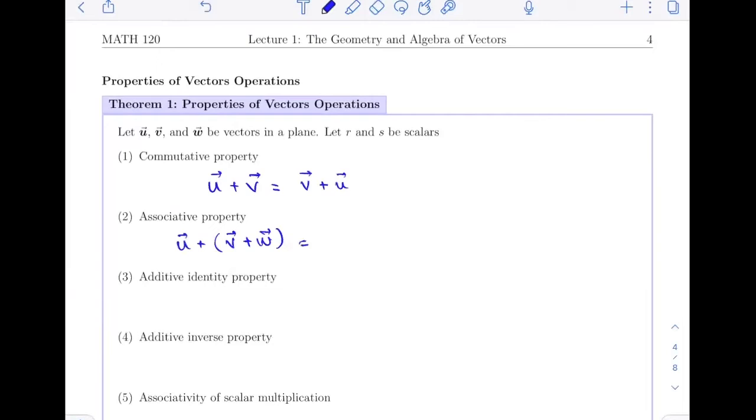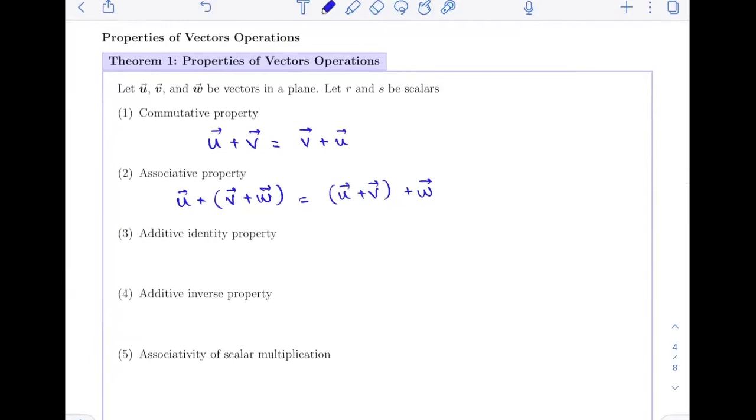Or you can combine the first two vectors and then add the third vector later, then the result has to be the same. The third property is the additive identity property, and that means when you add a zero vector, you obtain the original vector back. Right? So in this case, the zero vector here has the components 0, 0.